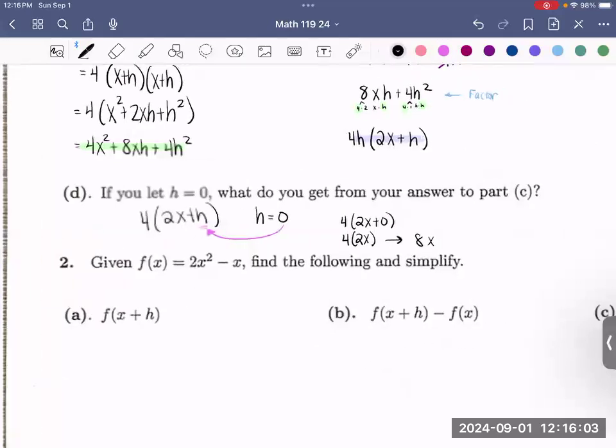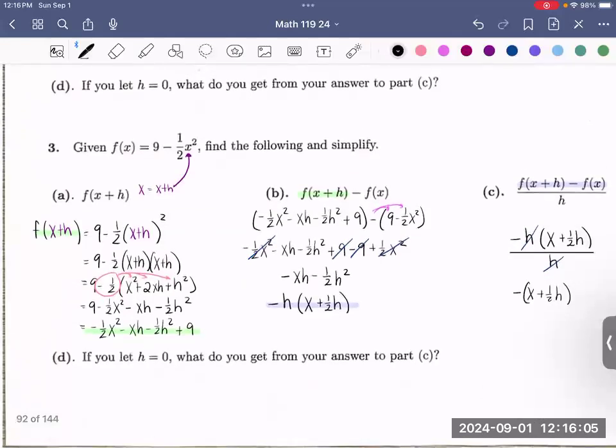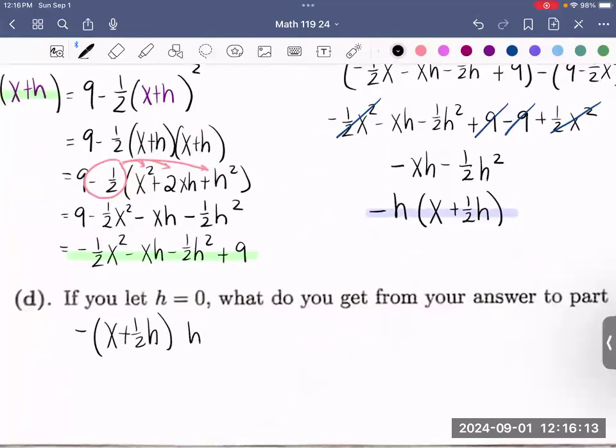And if we did it again here, again, what would we get if we let h equal 0? Well, if h is equal to 0, we're then going to just substitute this h in to get negative x plus 1/2 times 0 to then just get negative x.